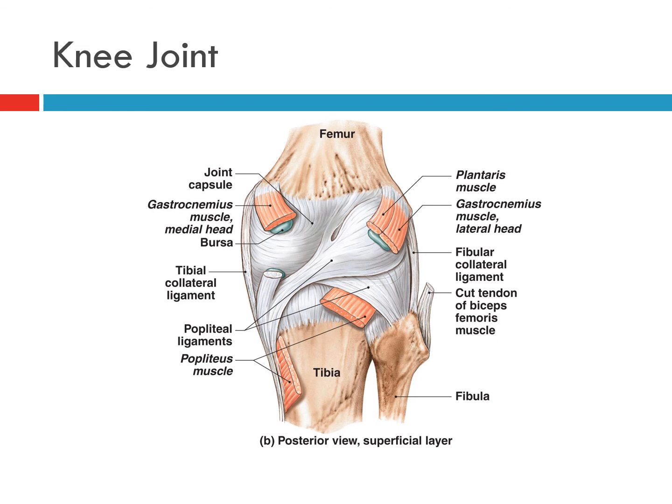Here's our posterior view. So we've got the popliteal ligaments. The popliteal ligaments are crisscrossing in the back of the knee, so they're giving nice rotational stability there. I think that's all we needed to look at on that slide.